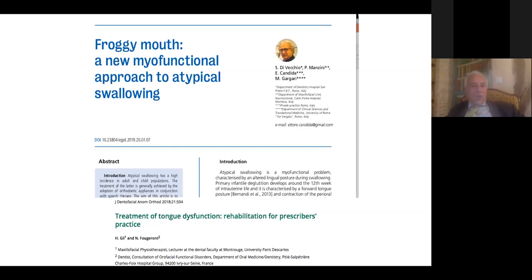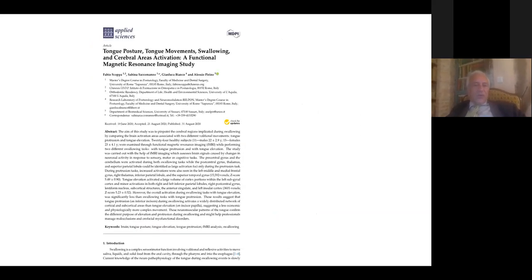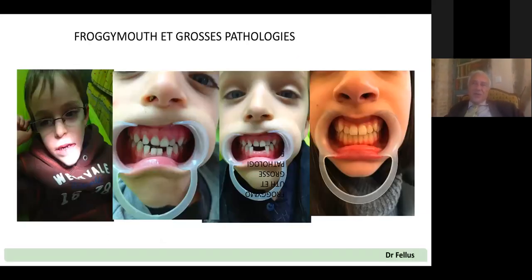Divecchio in Roma has a publication about Froggymouth and the new myofunctional approach of atypical swallowing. Another one, a new publication from Fabio Scoppa, is interesting. The first patients we used Froggymouth with were swallowing patients, but Froggymouth is also efficient with a great pathology. This child has a great pathology of the tongue, hemilaphangium.